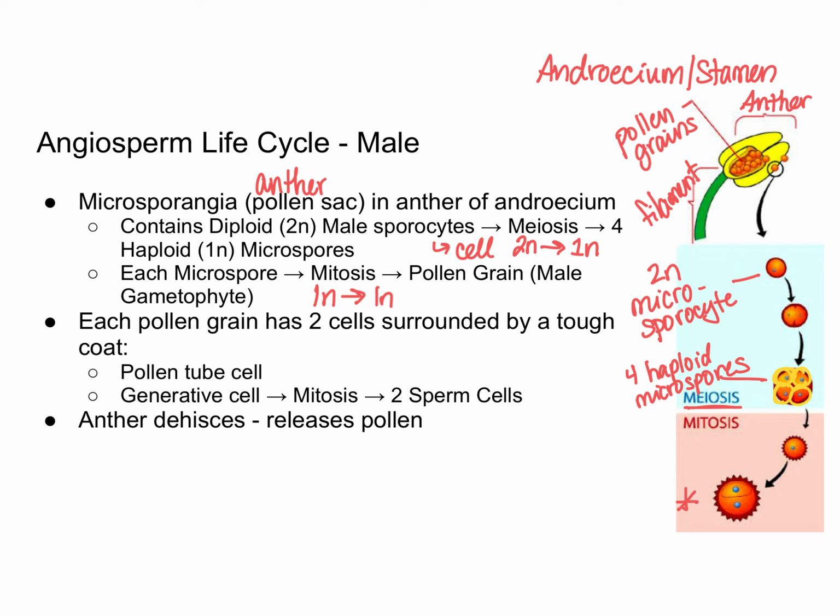So then we'll take a look at what happens with just one of these microspores going through the next stages of development. So each of those microspores is going to go through mitosis, which you can see here, and it's also going to develop a tough pollen coat around it. So this spiky bit here, that is the pollen coat.